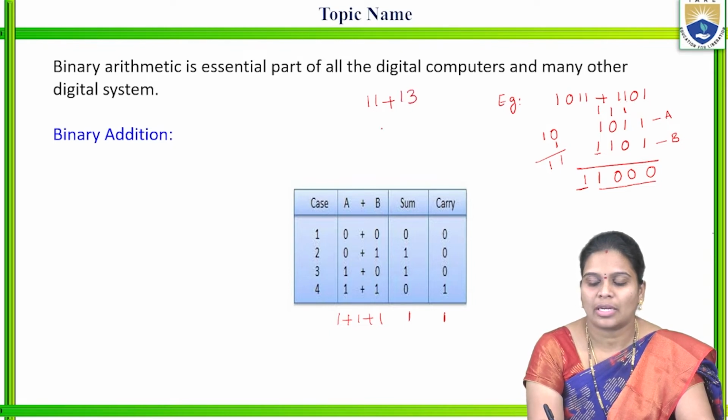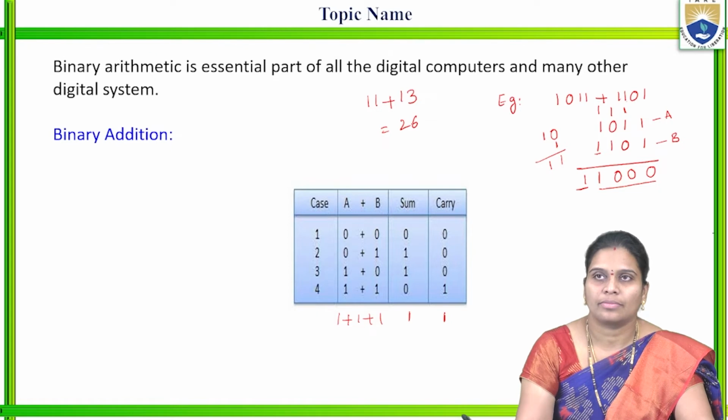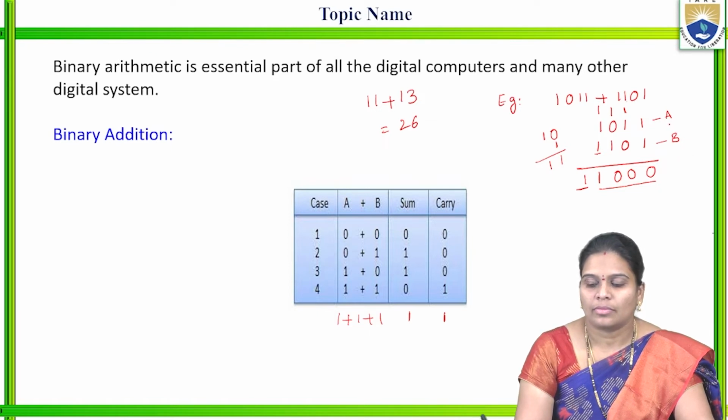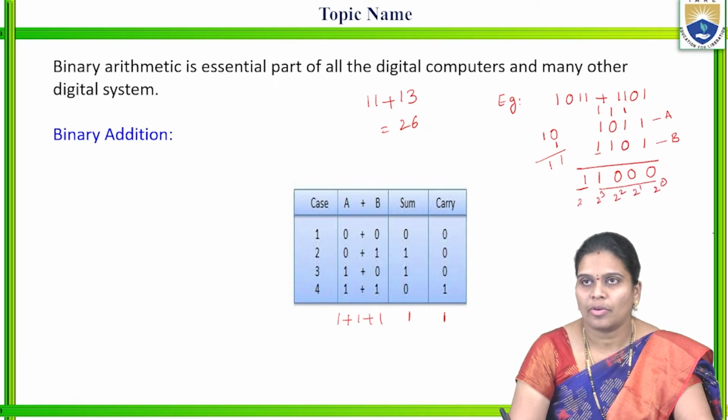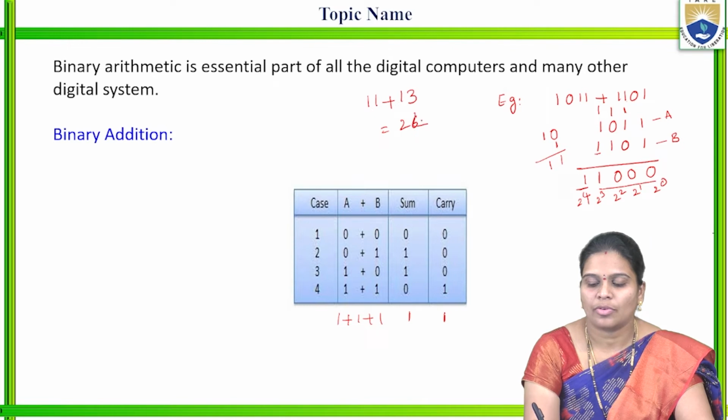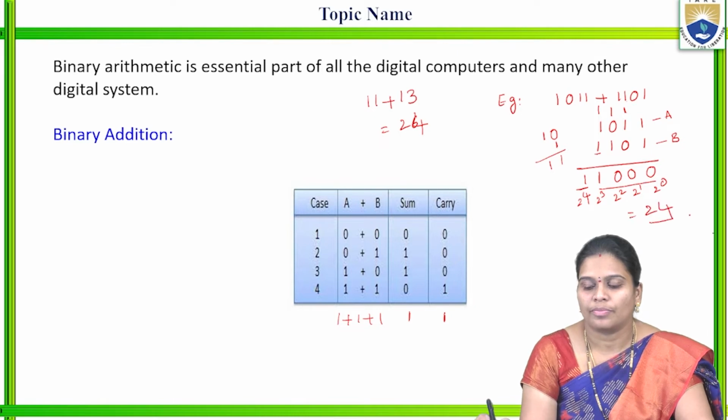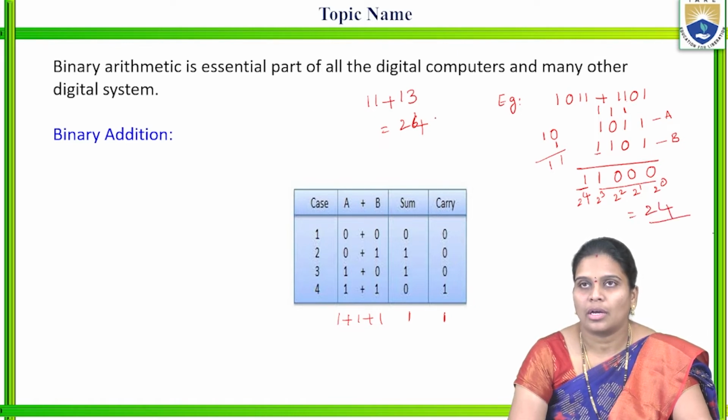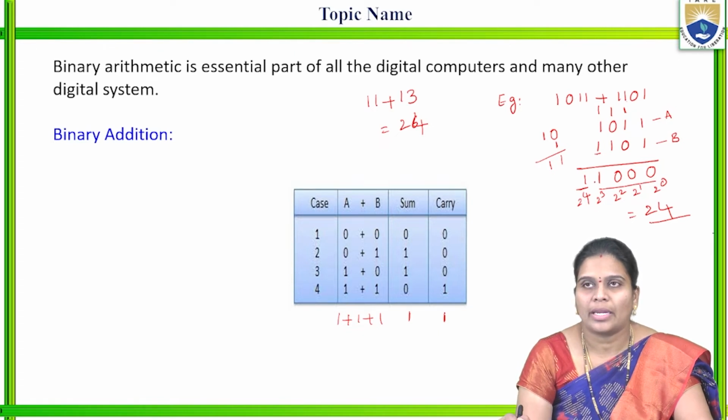So 11 plus 13 is 24. Checking the result using 2 power 0 through 2 power 4: 16 plus 8 is 24. Both answers are the same. This is the binary addition.